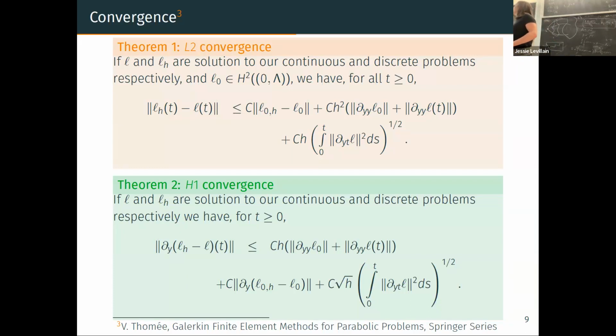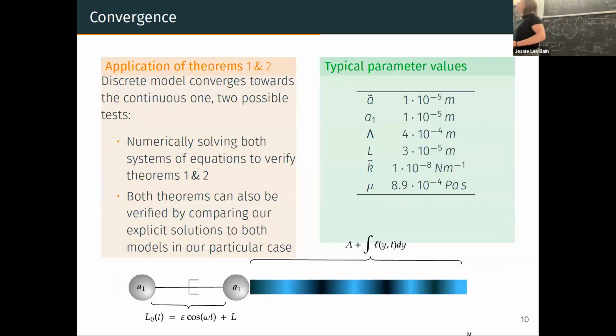In the L2 norm, you have a convergence at first order, whereas Thomée had second order, and in the H1 norm, we have order 1/2, and he had order 1. So basically you have this big equation, but what we really want to see in practice is if we can numerically see it on a graph.